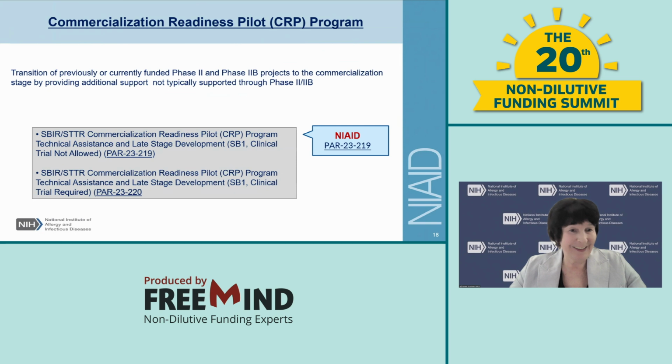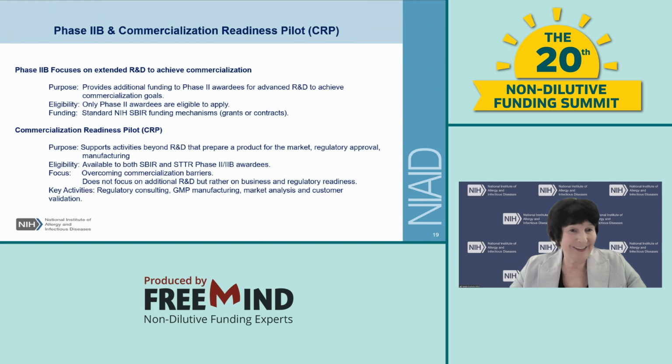You can read more about the solicitation. On this slide, I put the difference between Phase 2B and commercialization readiness. As I said, Phase 2B is for grantees who need more time and additional funding to move to the next step. Only Phase 2 awardees are eligible to apply to Phase 2B.